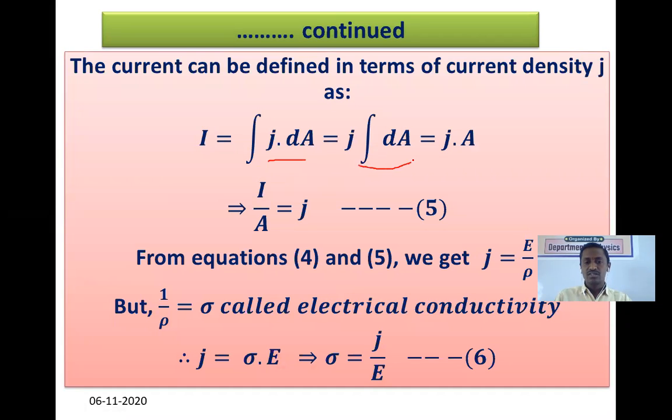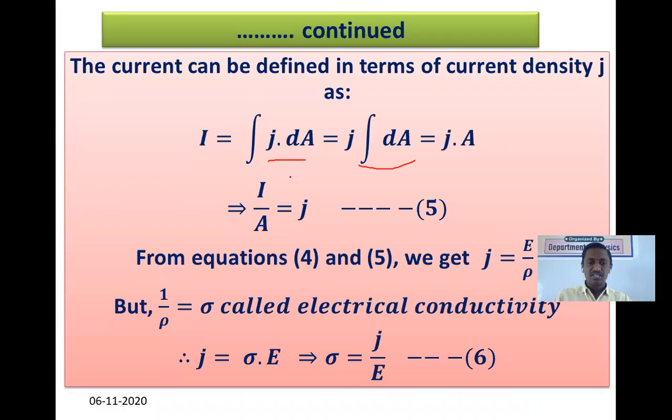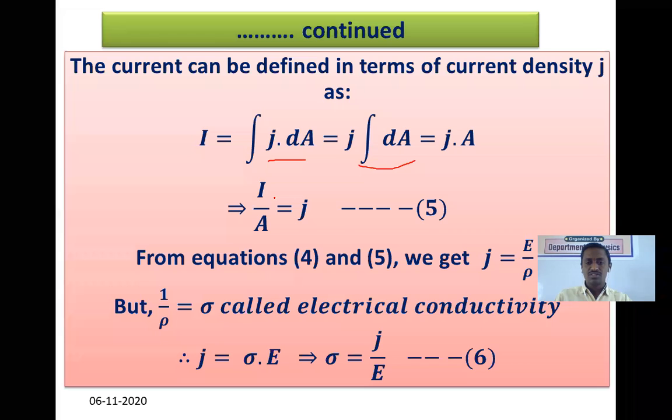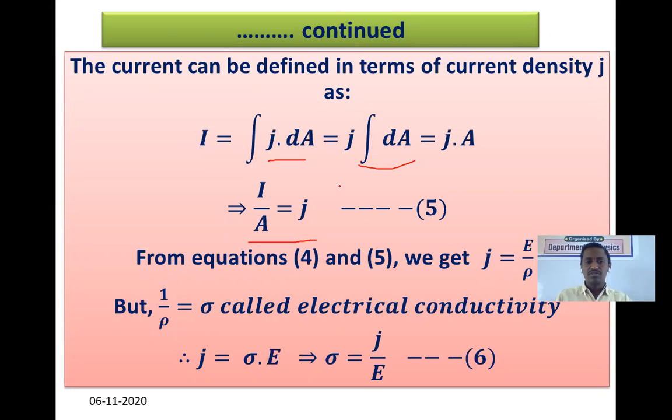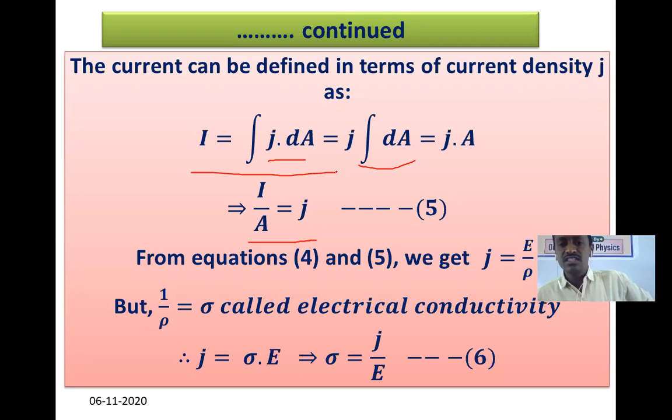The integration of dA is A. So this A is sent toward the LHS, and the equation becomes I by A equals J. As I have told you already, this ratio of current to area is called current density. That is the actual definition of current density. So current is the integral of current density over the small area dA.